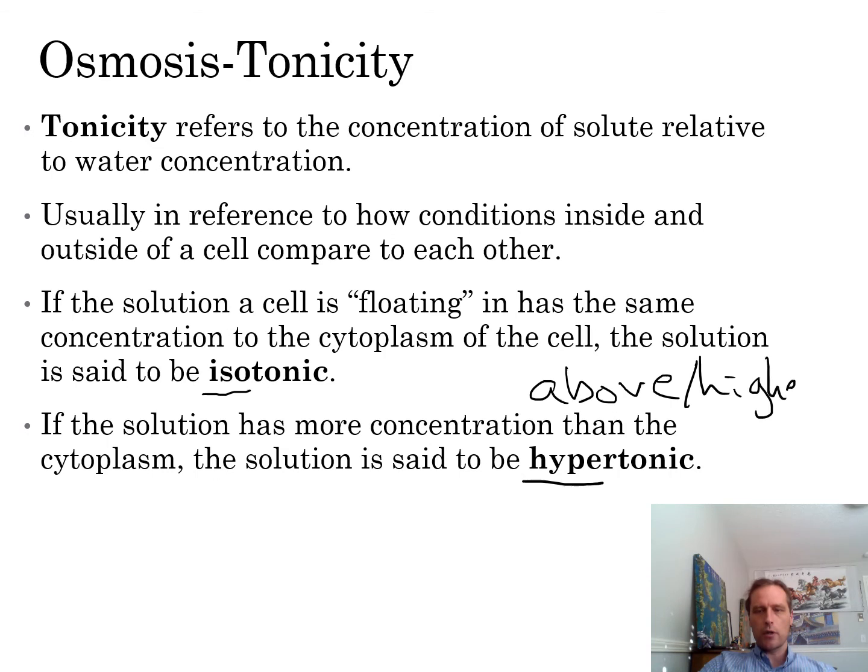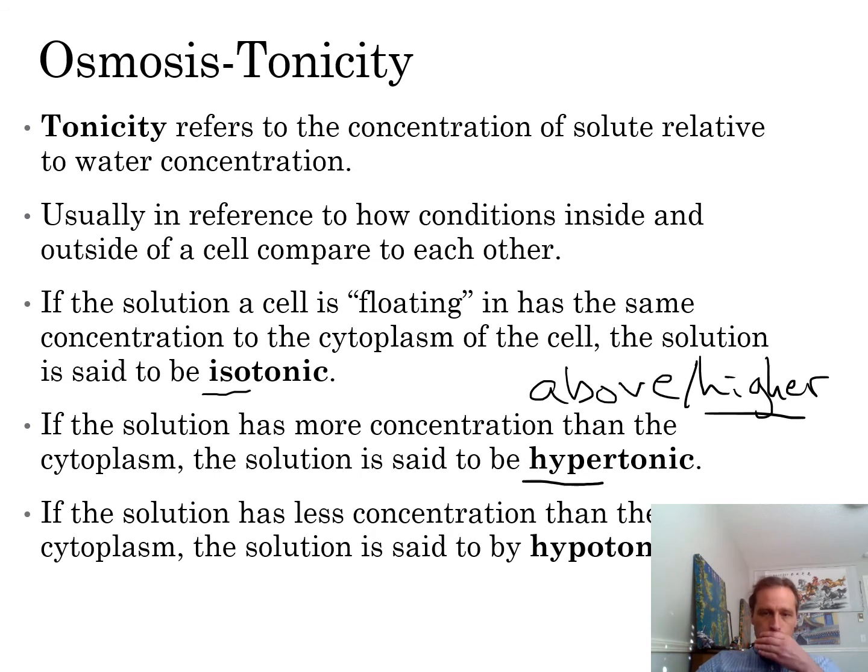It's a good one to know if you're going to take 1,000 biology classes because it keeps coming back. So hypertonic means higher concentration compared to the inside of the cell. If the solution has less concentration than the cytoplasm, the solution is said to be hypotonic. Hypo, root word, means below.